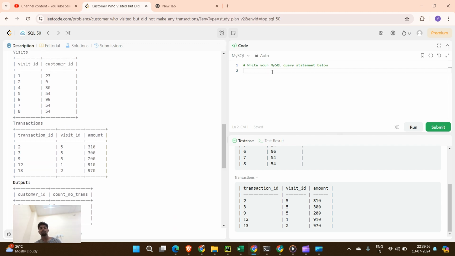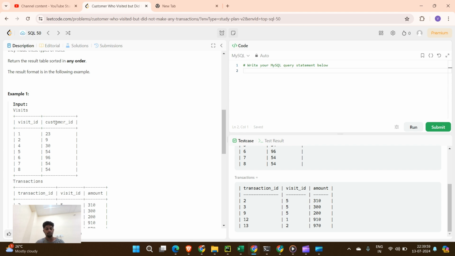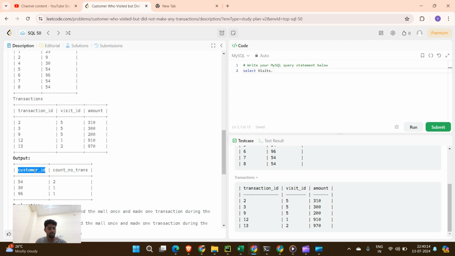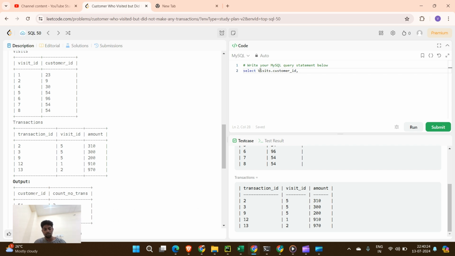Okay, so let's see. First we have to do a select, because we need this data. From the visits table we want visits dot customer ID, that is the output they're expecting. Then we want the count, the numbers, not the IDs, so we use the function count.